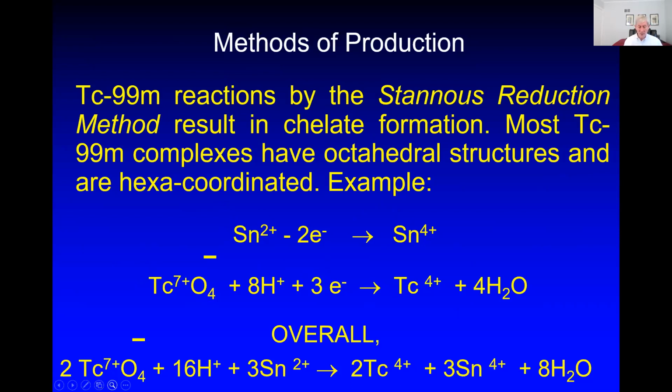We have 2 pertechnetates plus 3 stannous ions form 2 Tc 4 plus and 3 stannic ions. And this is what we want right here. That technetium 4 plus can then bind, I don't have an equation there, but can then bind to a methylene diphosphonate, for example, and make technetium MDP. Okay, any questions about the stannous reduction method?